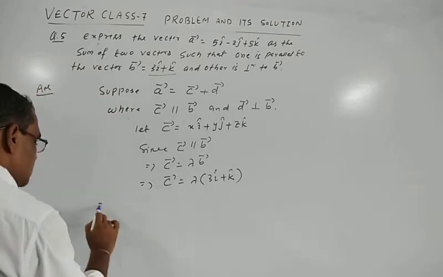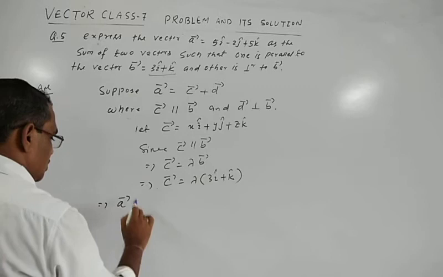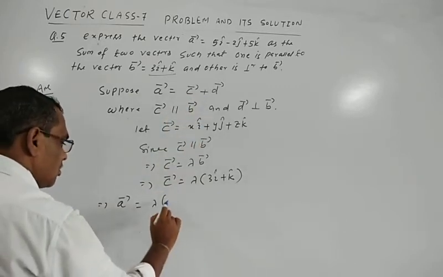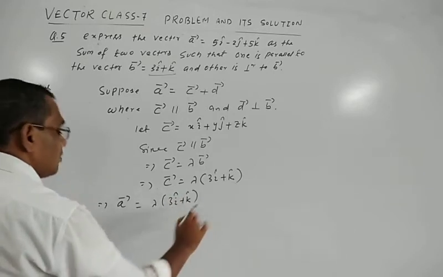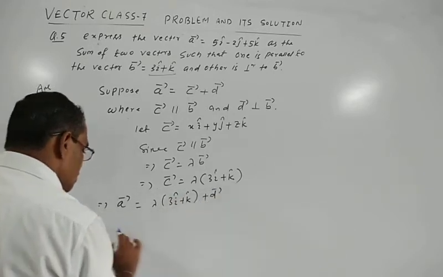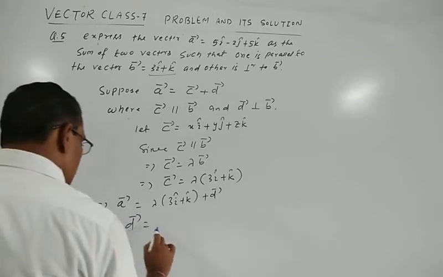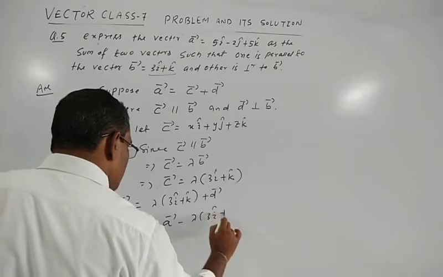That implies a vector is equal to c vector, which is lambda into 3i cap plus k cap, plus d vector. So d vector is equal to a vector minus lambda into 3i cap plus k cap.